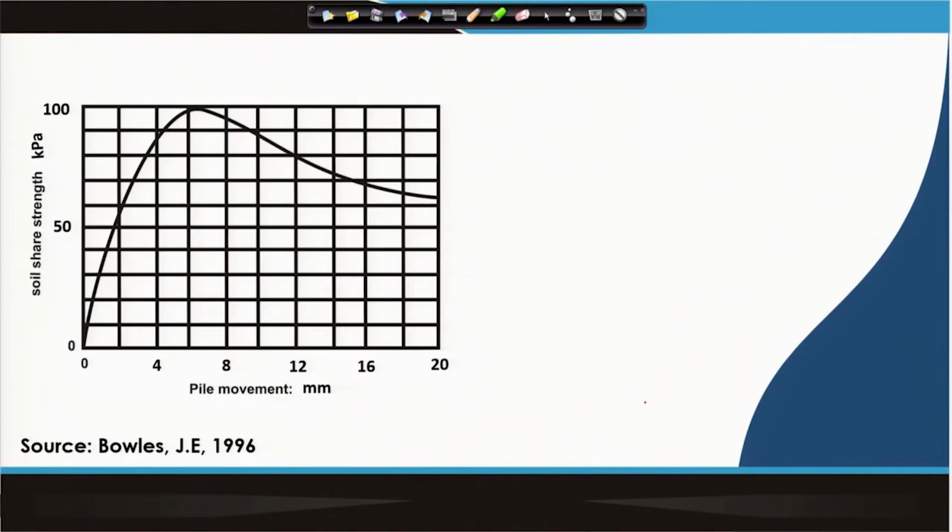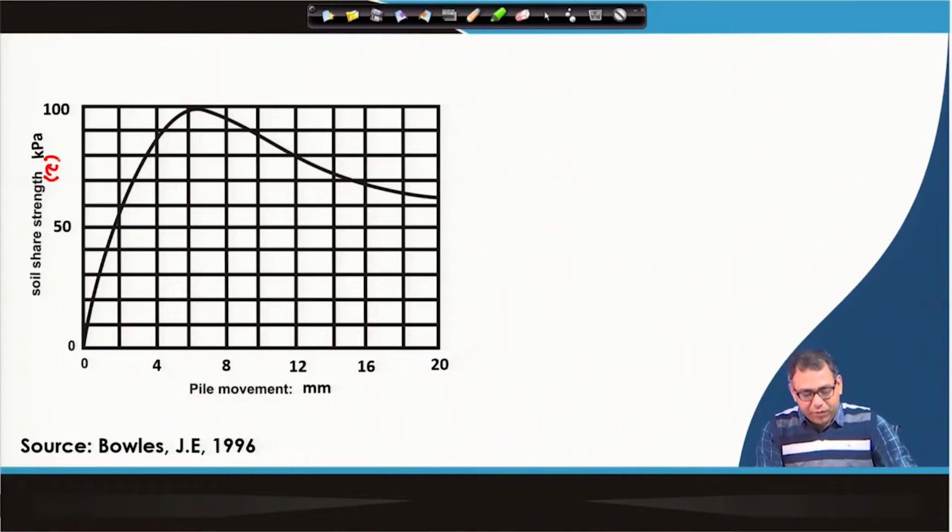This curve is given for different pile movement and the soil shear strength, and the soil shear strength is nothing but the tau. Now, how is this curve generated?